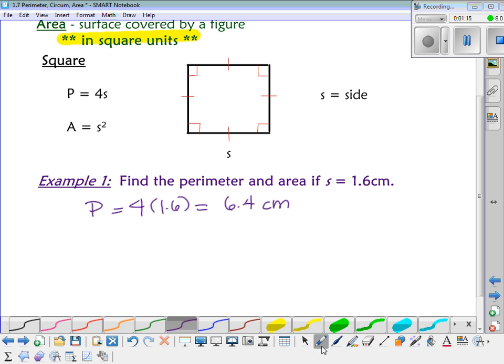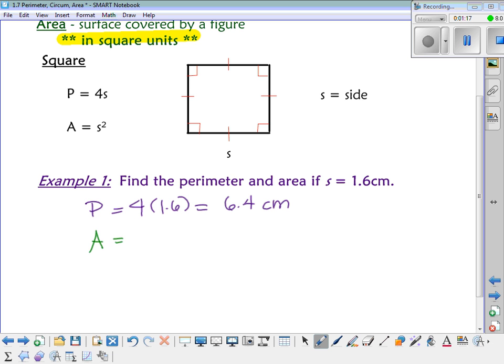And then to find the area, it's going to be 1.6 squared. And so that comes out to 2.56 centimeters squared.